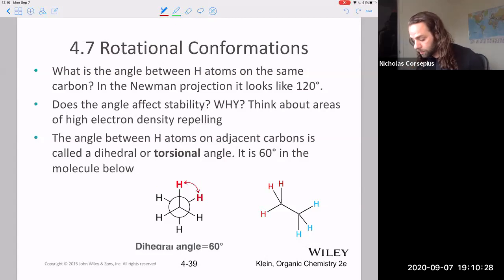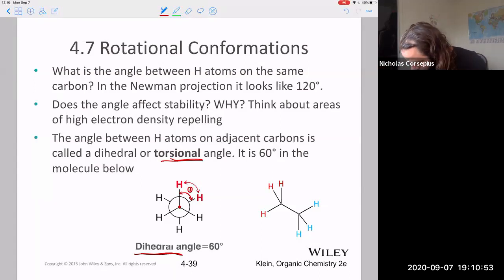Another important concept that will allow you to quantify that rotation is what's called a dihedral angle, or a torsional angle. That's going to be the angle between, for example, these hydrogens here. Notice how this isn't a traditional bond angle, because there's actually a bond in between these two hydrogens, right?